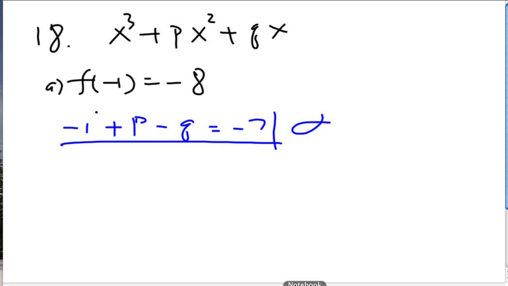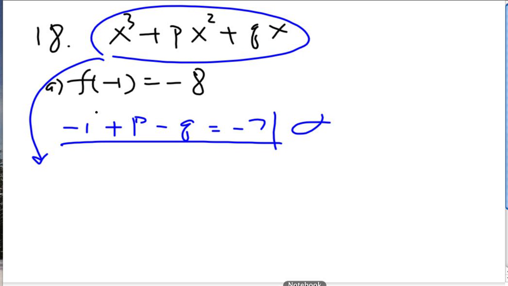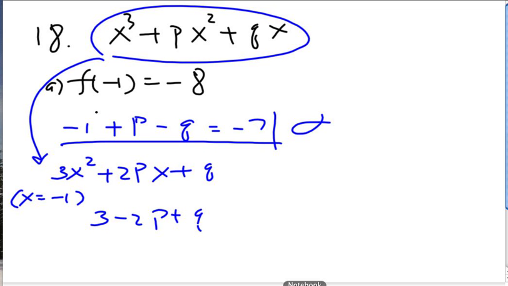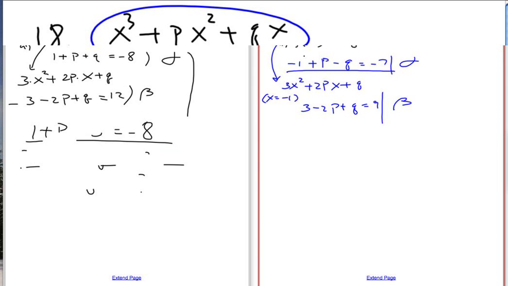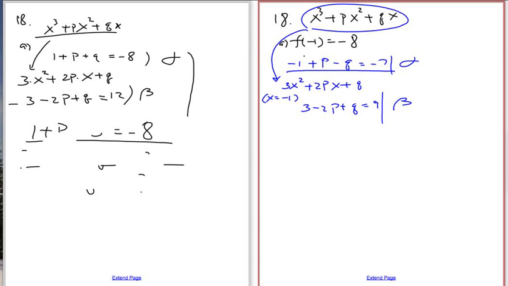We call it alpha. And then we find the derivative of the original function, which is 3x squared plus 2px plus q. We put x equals -1 into the function and get 3 minus 2p plus q equals 9. We call this beta.